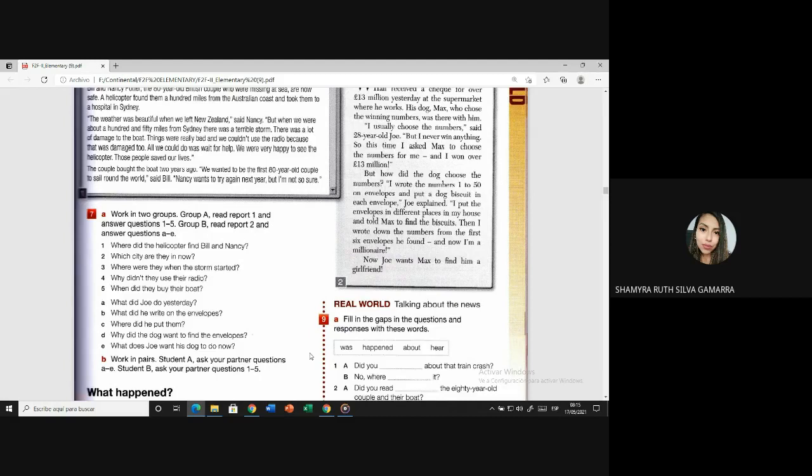He wrote the numbers 1 to 50 into the envelopes. He put the dog biscuits. Where did he put them? He put the envelopes in different places in his house.